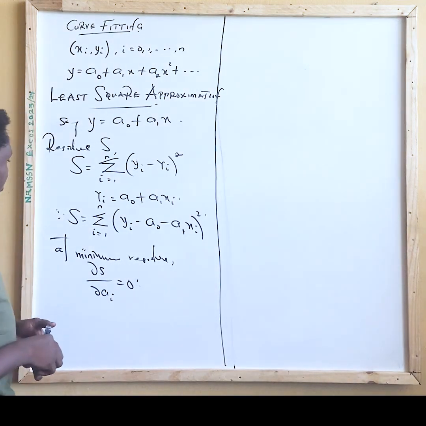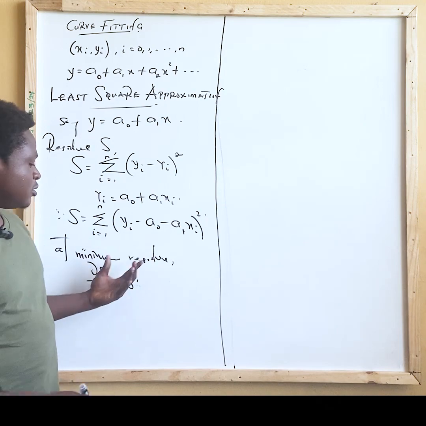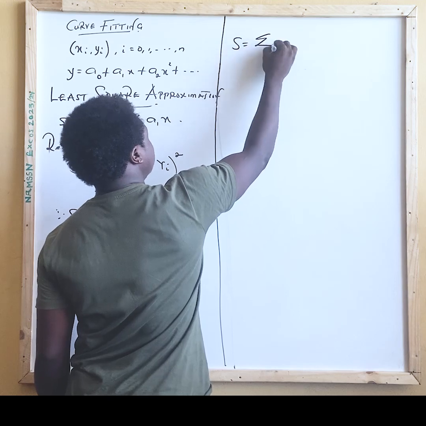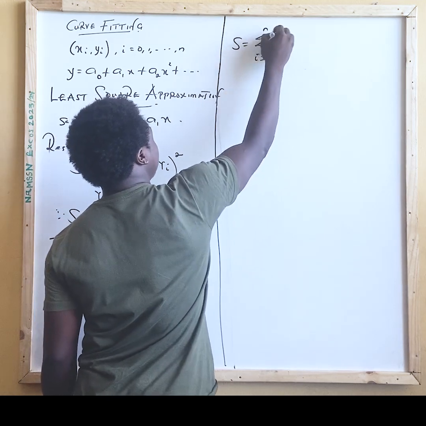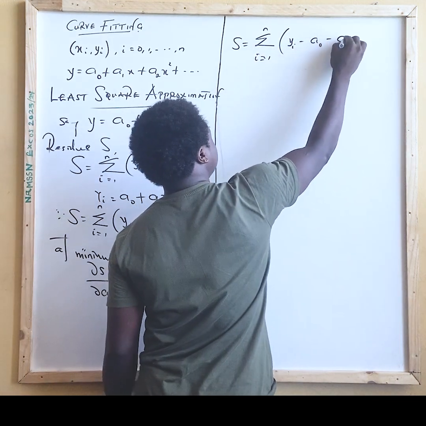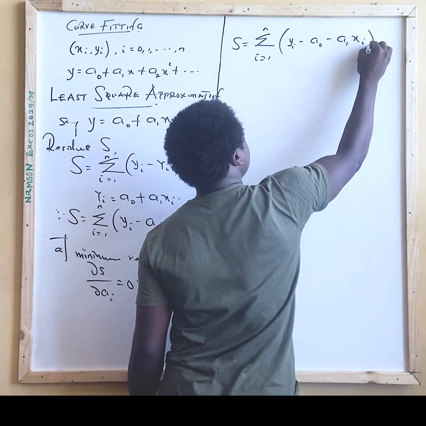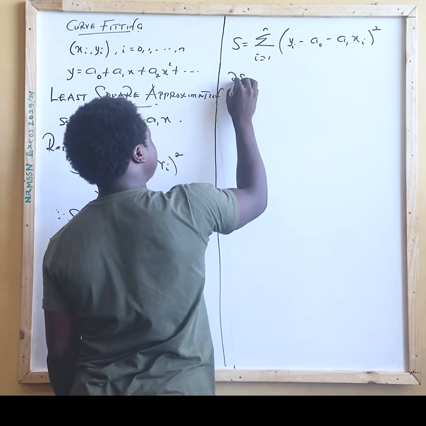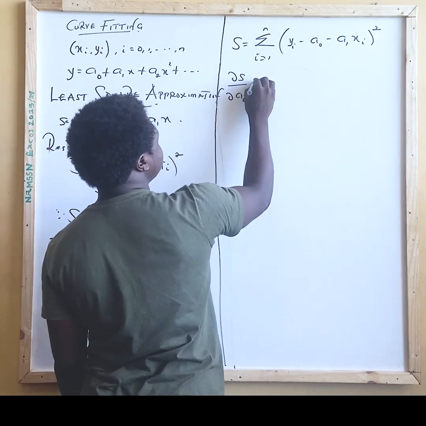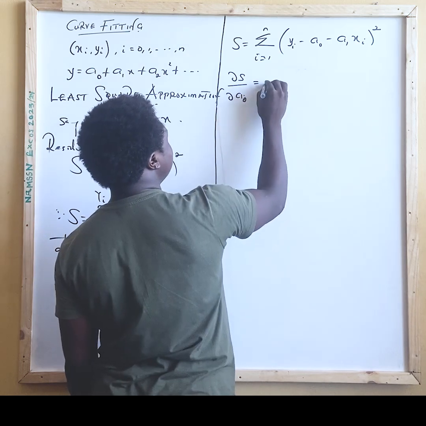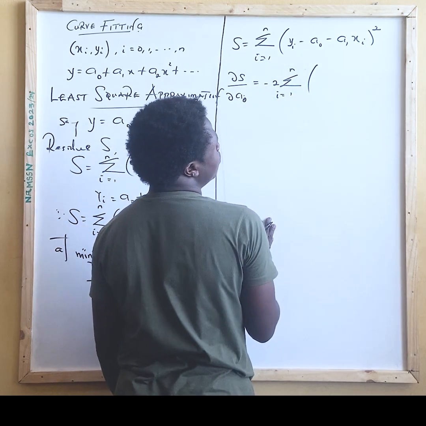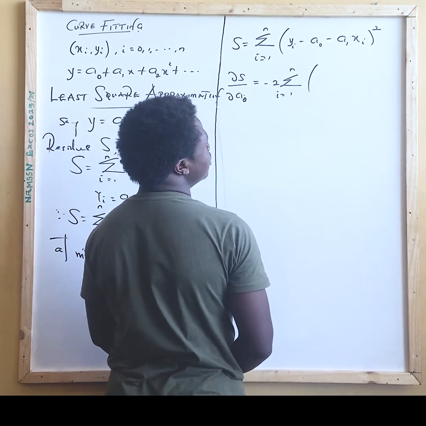So we want to differentiate our s with respect to a naught and a1 to get what minimizes the residue. Since we already said our s is equal to summation i from 1 to n of yi minus a naught minus a1 xi to power 2, then our ds/da naught should be minus 2 summation i from 1 to n. We want to differentiate with respect to a naught.